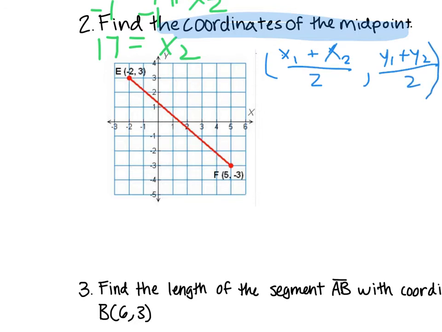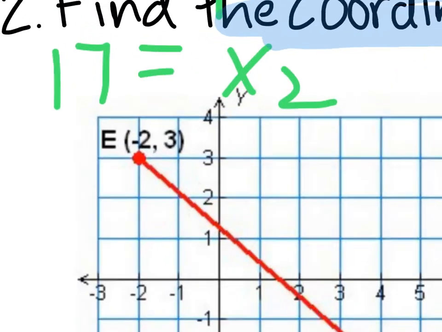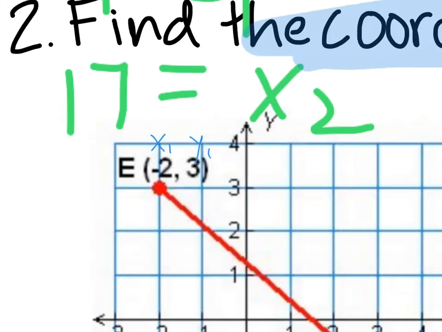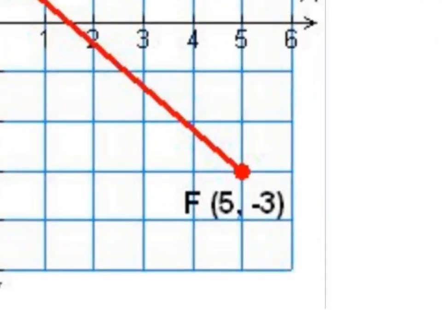So what would our x1 be? -2. So let's call E our first point, so this will be x1 and y1. And F will be our second point, so we can call this x2 and y2.